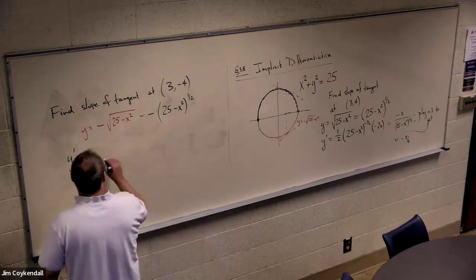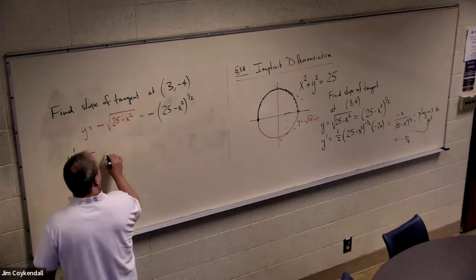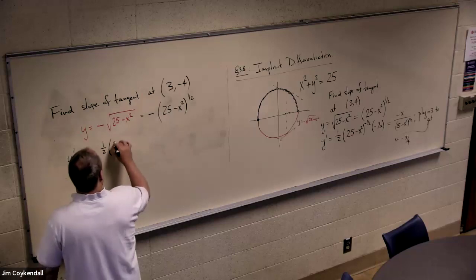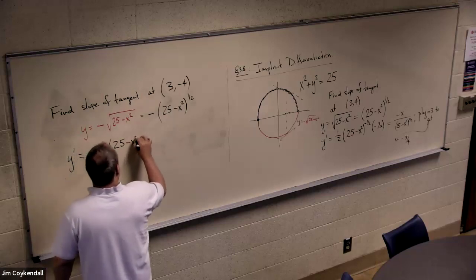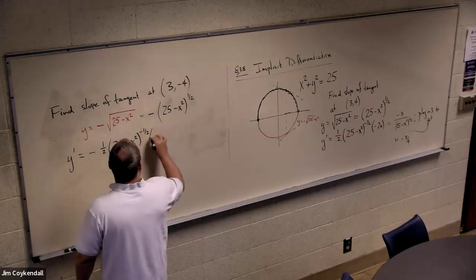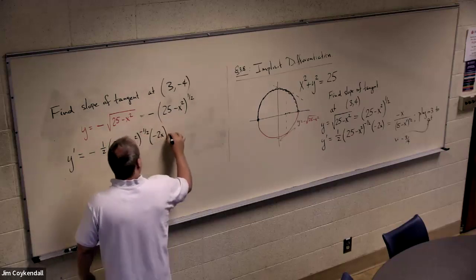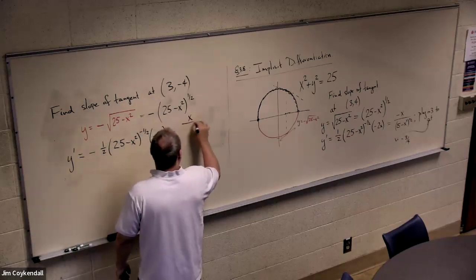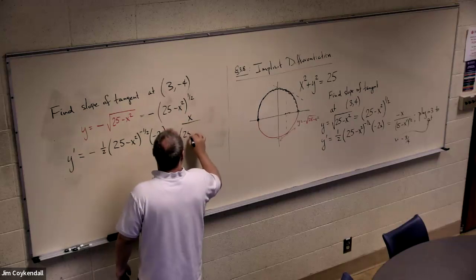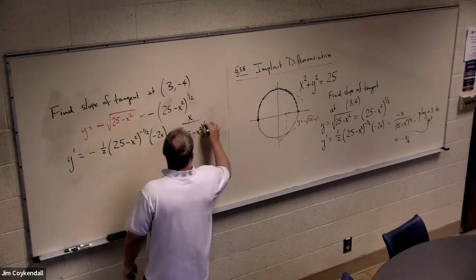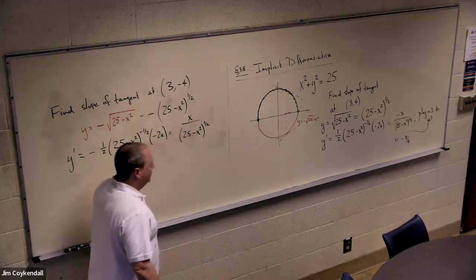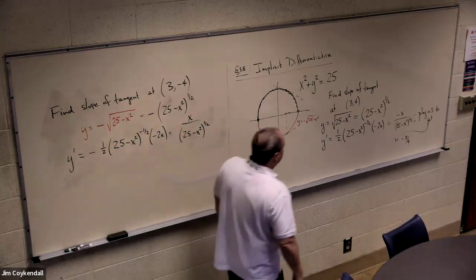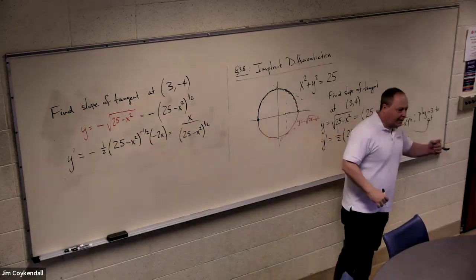And so what you get is minus 1/2 (25 minus x squared) to the minus 1/2 times minus 2x. So in this case, you get x over (25 minus x squared) to the half. So effectively, the only change is the sign.